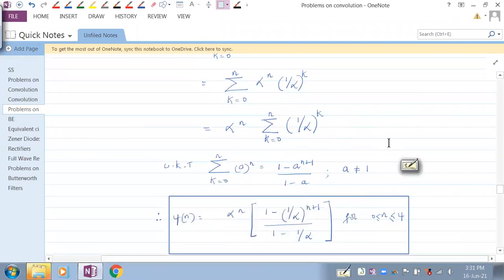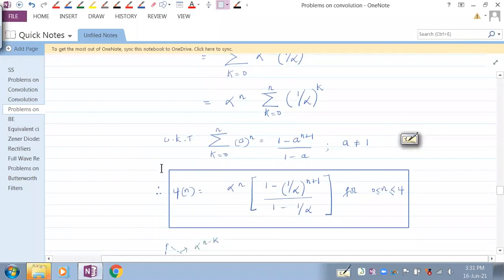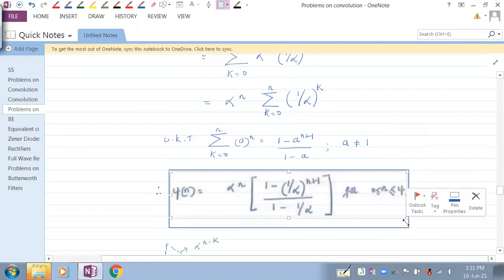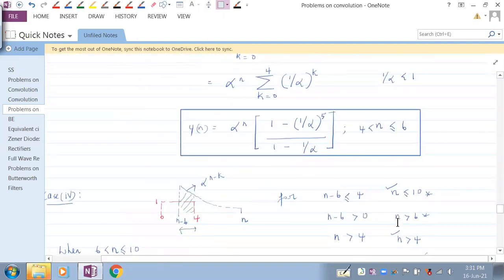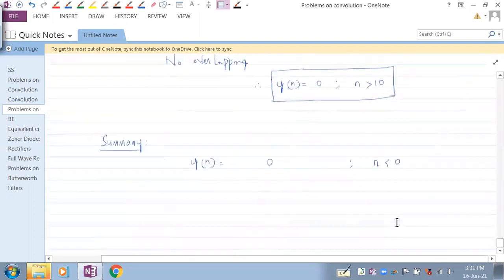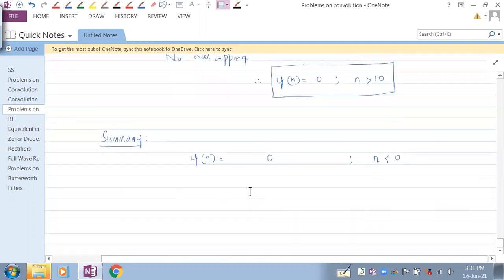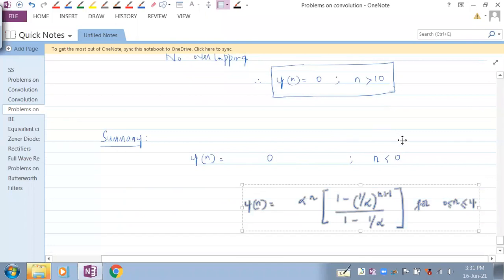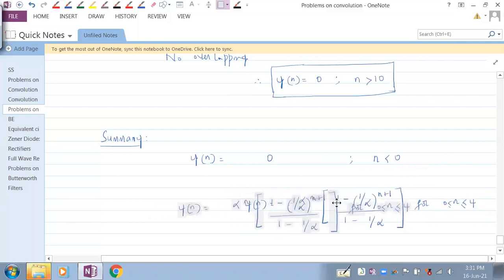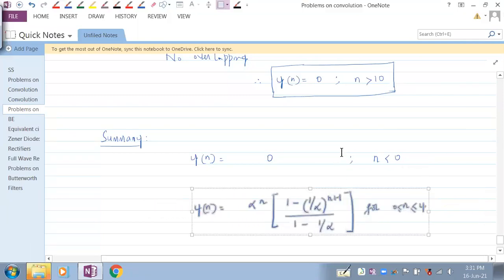All this we need to copy. This is your second case, right? So you need to just copy it down here. So this is your y of n, for n ranging from 0 to 4.